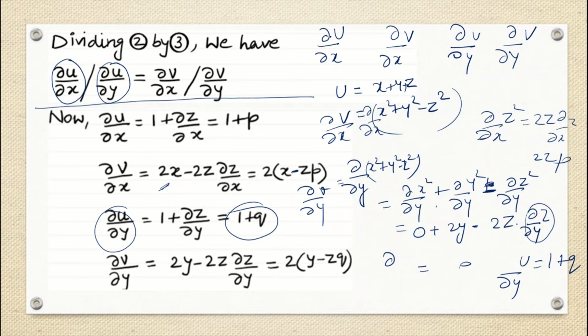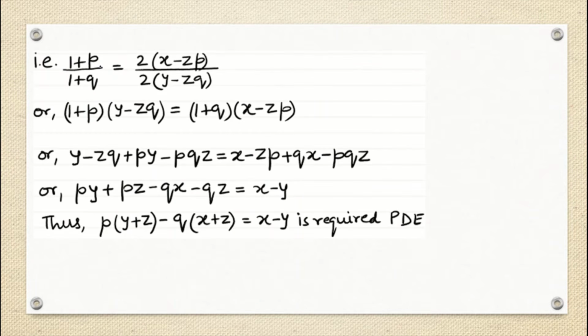That means we got all these four things, and I have to write these four things here right now. So here we have written down whatever we have just now got in that equation. 2 gets cancelled, and then we have done cross multiplication. So 1 plus p into y minus zq equals 1 plus q into x minus zp, and then we are simplifying it.